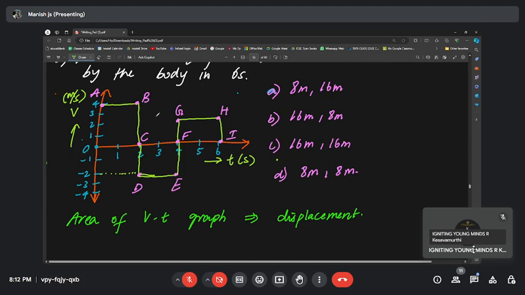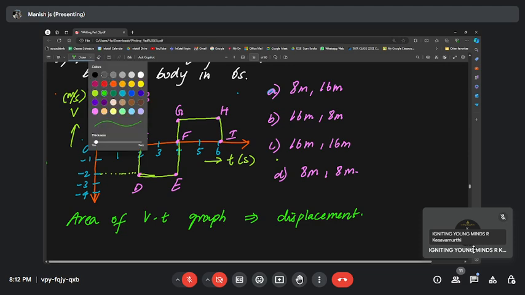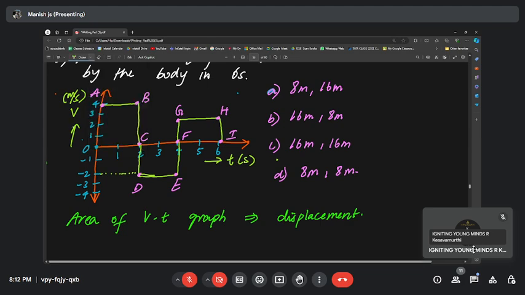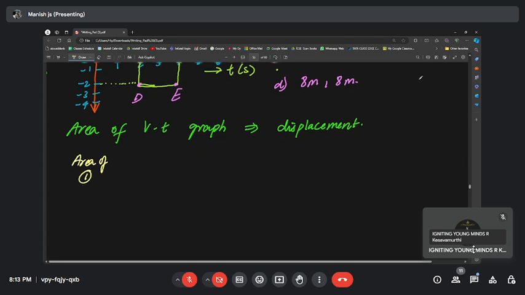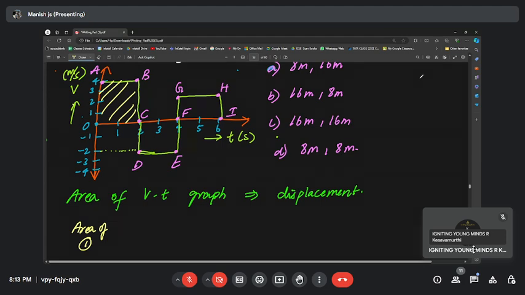How do we find the area of the first figure, which looks like a rectangle? Let me highlight it for your understanding. Find that area first. Area of region 1, the first region. You can see it is length into breadth.